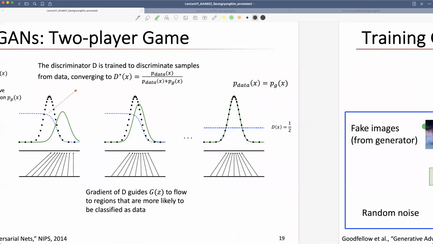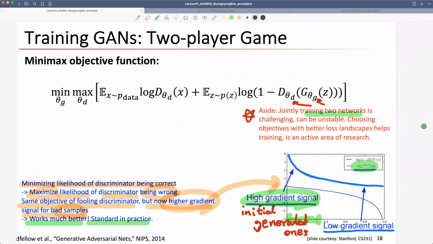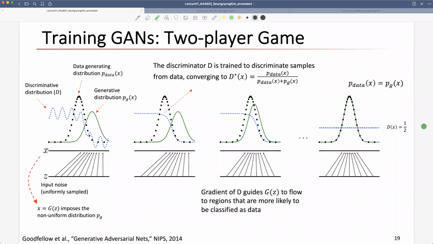So, as I told you, the original GAN paper is really beautiful. Why? They first show that by only using a neural network with a well-defined loss function like this, we can make our generator network learn the real data distribution.